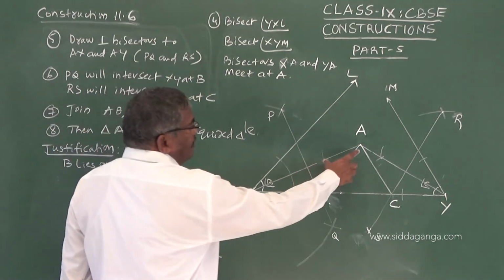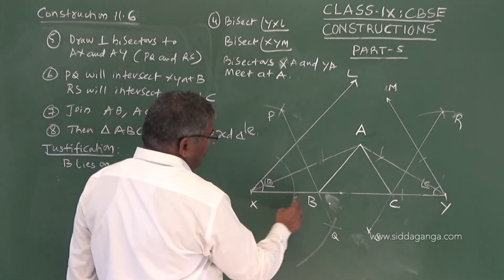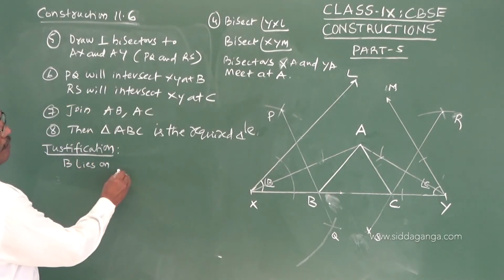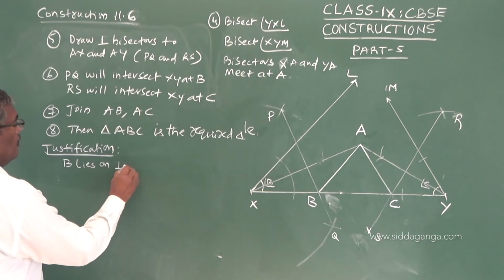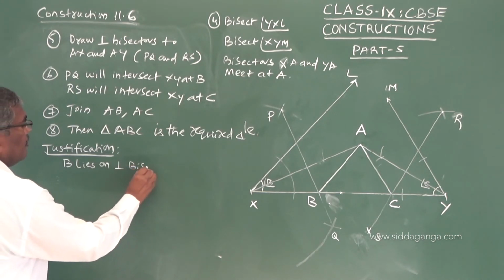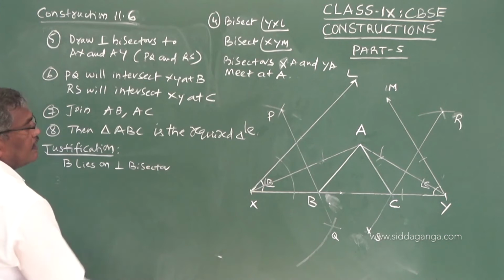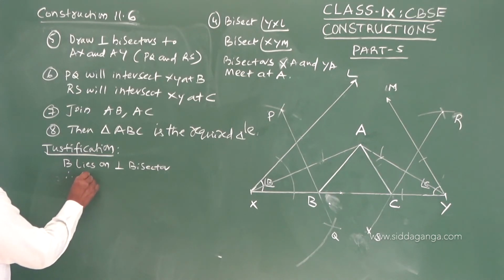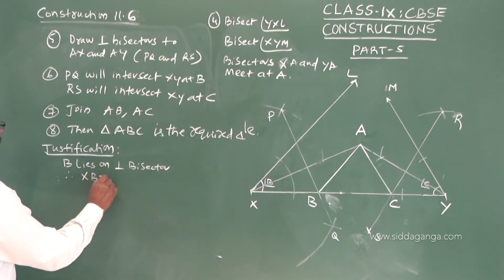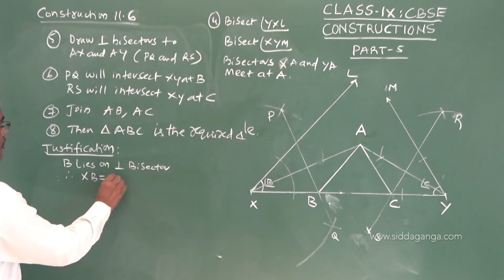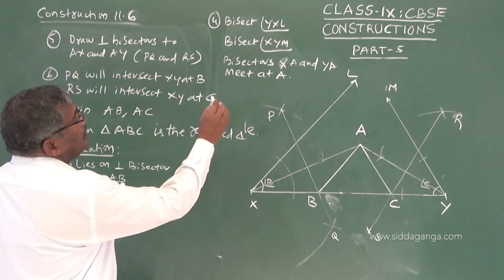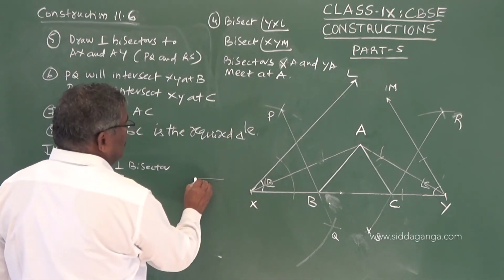So therefore AB will be equal to BX. Therefore XB equals AB.